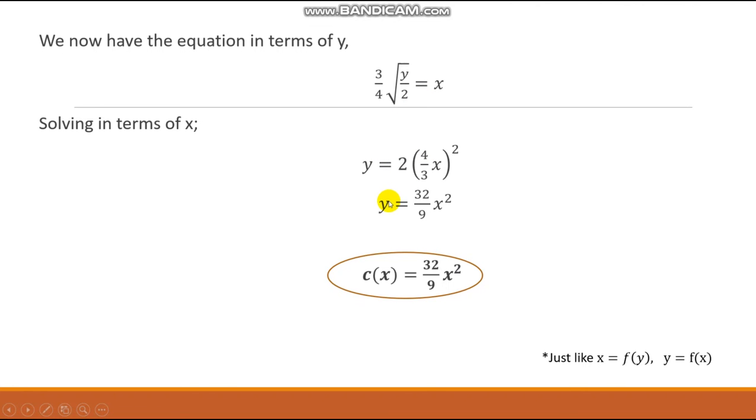At that point, we distribute the square, and we're left with y is equal to 32 divided by 9, x squared. So y can just be rewritten as c of x, and the line c is equal to 32 divided by 9 x squared.